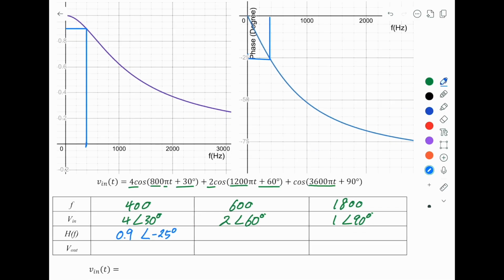Next, this is 600 Hertz. This is 0.8, very clear.